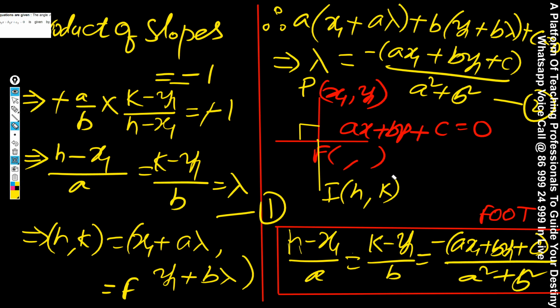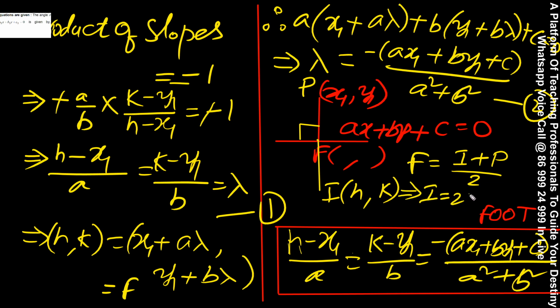That is, F is equal to I plus P by 2. That means if you want I, it will be twice F minus P. This is what you have to understand.